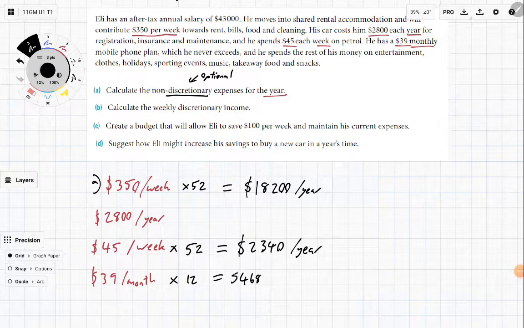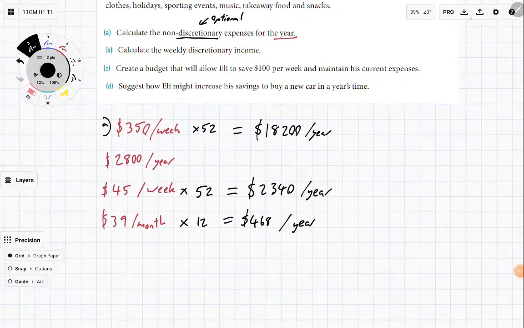Now, although most of us think in a weekly sense, it is often very useful to actually think about these things across a year, just because everything converts nicely to years.